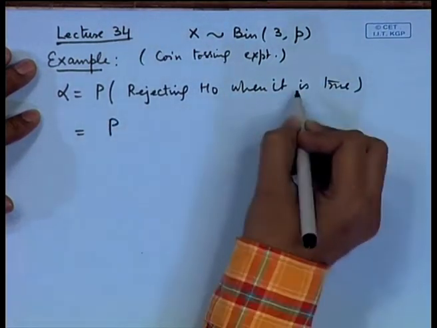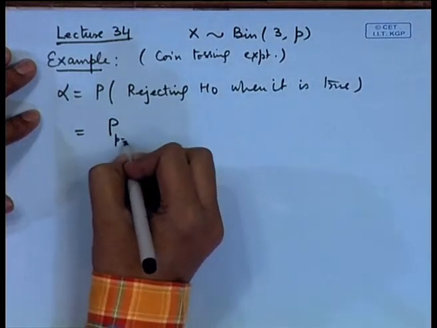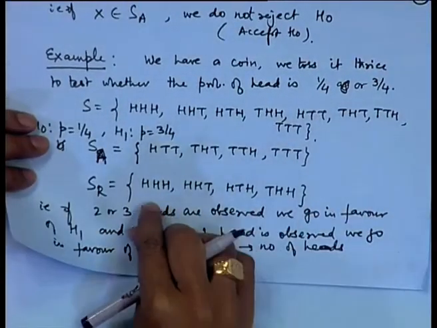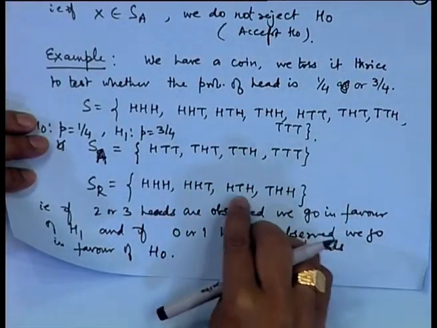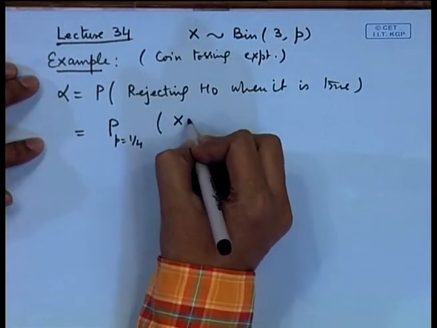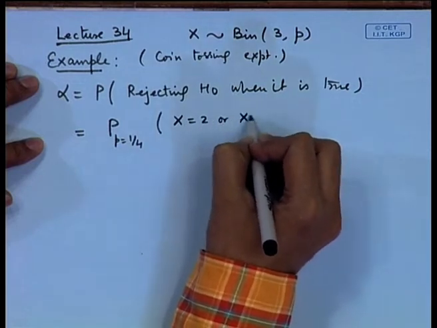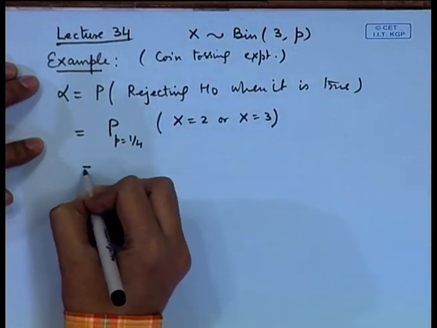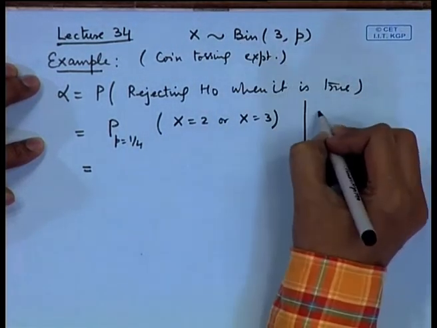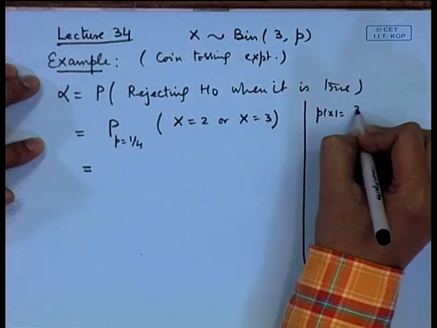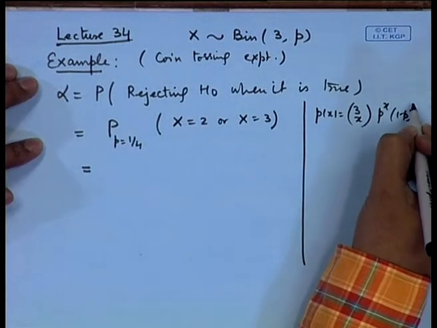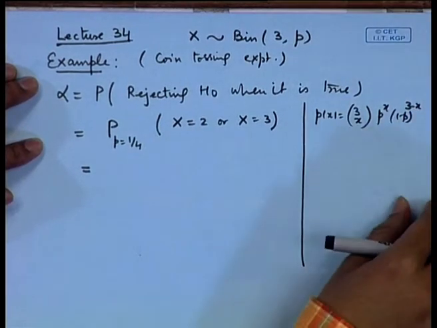So, when H naught is true, p is equal to 1 by 4. Under this we are rejecting when x is either 2 or x is equal to 3. So, this is basically reducing to the probability of x equal to 2 or x equal to 3. Now these probabilities can be evaluated, because we know the distribution of x, that is p x is 3 c x p to the power x, 1 minus p to the power 3 minus x.